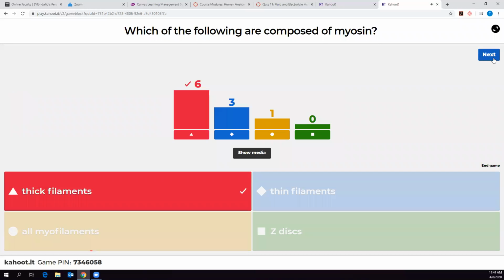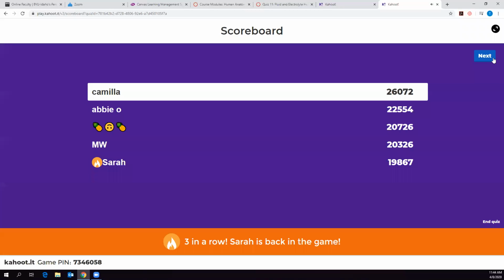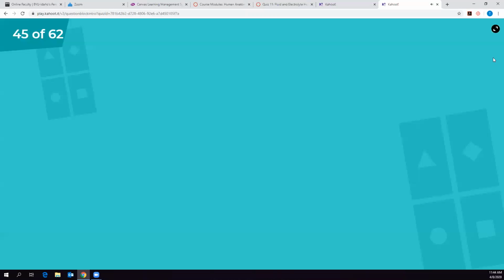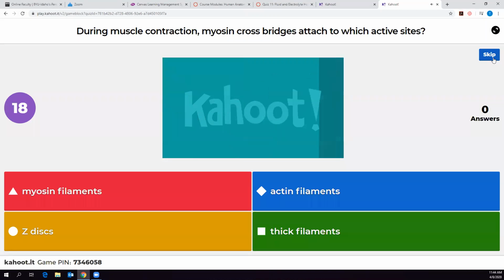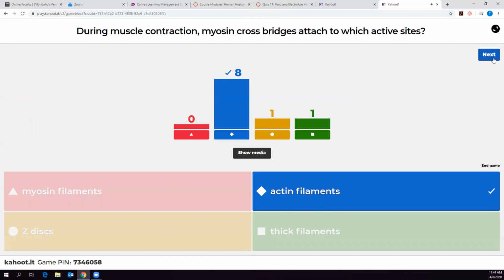Yes, good job, the thick filament. Okay, during muscle contraction, the myosin cross bridge is attached to what active sites? Oh, so the active sites on what? Definitely. Good job, on the actin, myosin and actin.